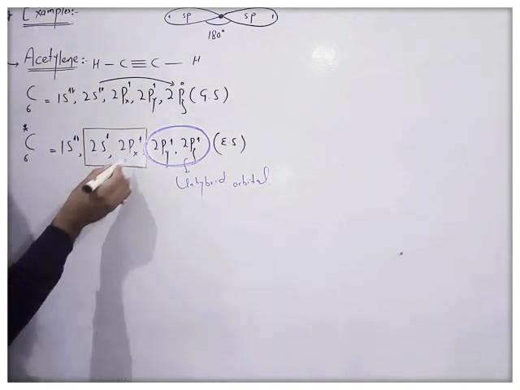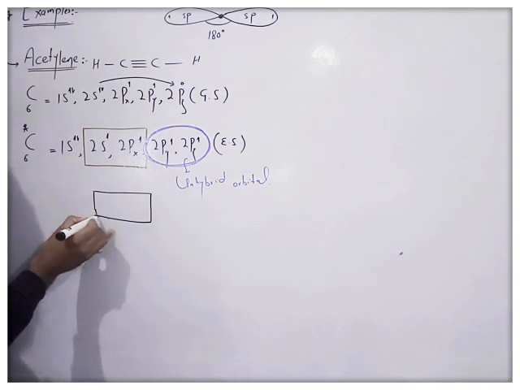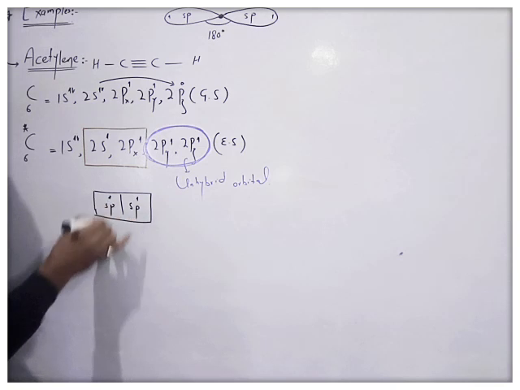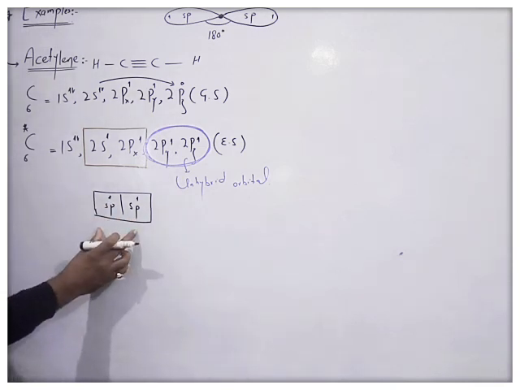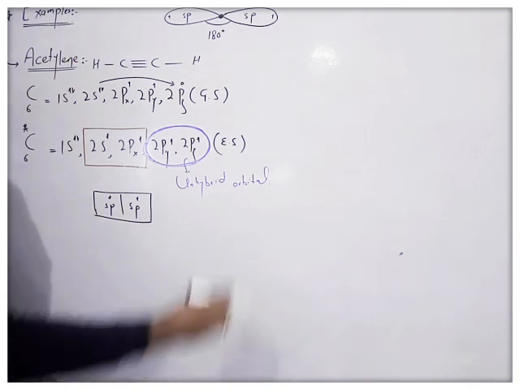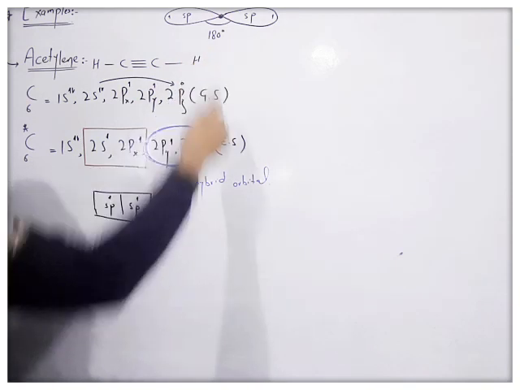Suppose that one s and one p will give us two sp hybrid orbitals, and each will have one electron, and these two sp hybrid orbitals will orient in such a way that repulsion is minimized at an angle of 180 degrees and the shape becomes linear.